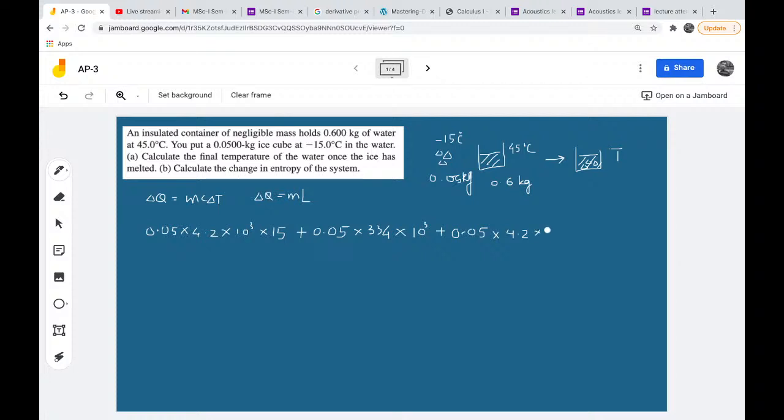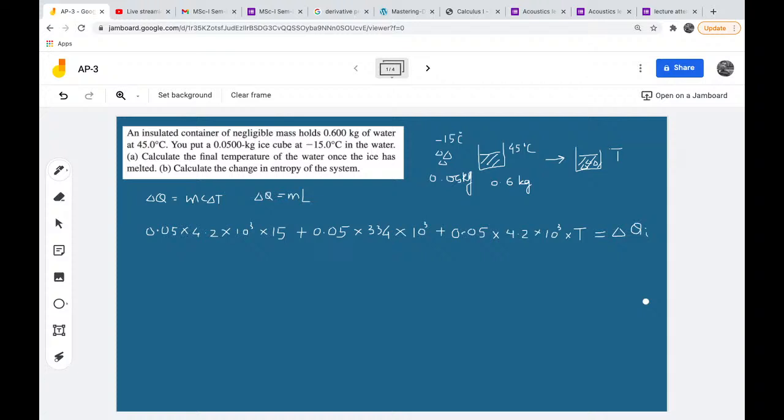Remember, as I have already told you, that here I'm also using the same as the specific heat of water. If you want to be more correct, you can use the specific heat of ice. Into, now the final temperature assumed to be T. Now it is rising from 0, so T minus 0 will give you T. So this is the heat absorbed by ice, delta Q by ice.